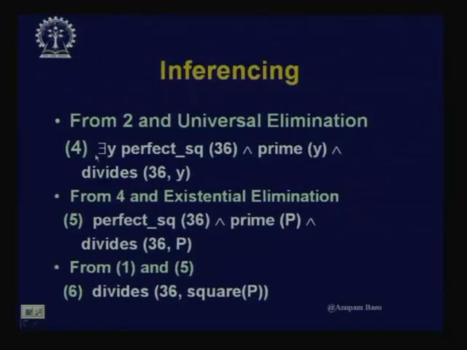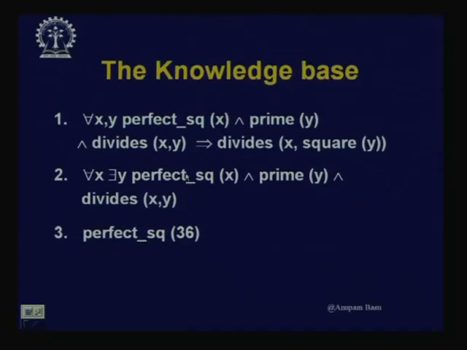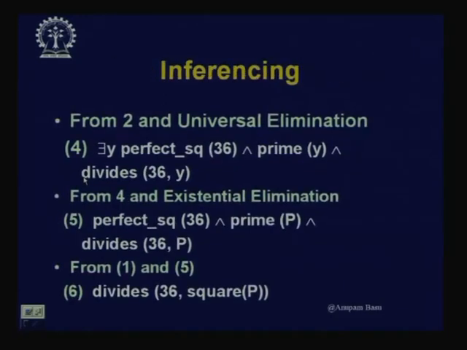then I get a new clause, for all x part is gone. So, there exists y, perfect square 36 and prime y and divides 36 y, that is just the thing that was here, and from here I have replaced these two x's with 36 and have removed this universal quantifier and have got the fourth clause. Now, from this 4 I want to eliminate this existential quantifier.